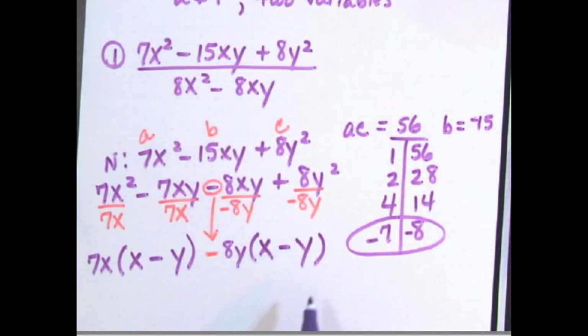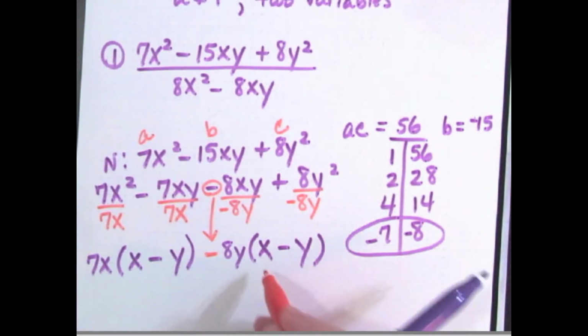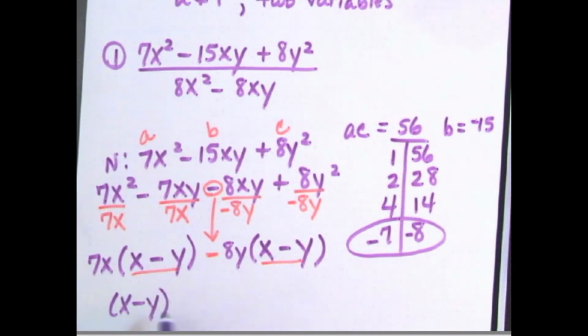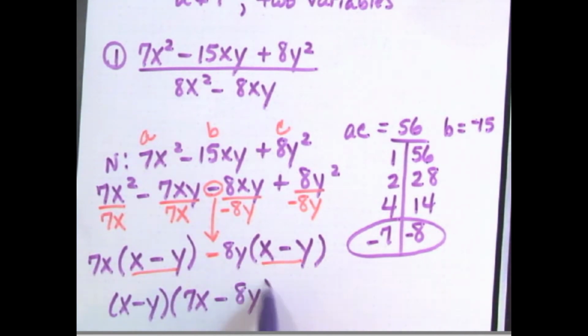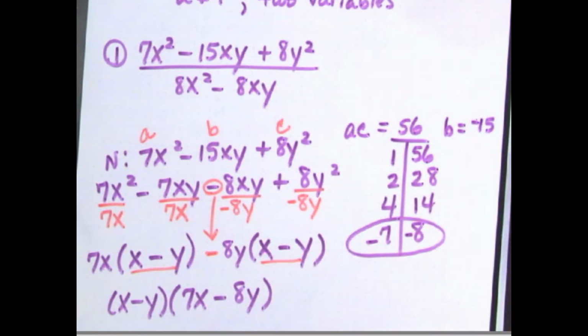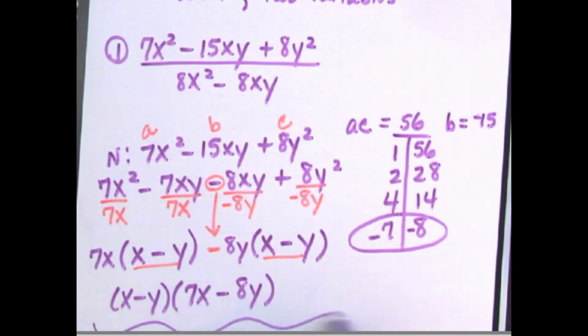And so that would let me know I had to keep going and factor out the negative 1. But by taking that third sign and putting that in the middle, that will save you some work. So just go ahead, if that's negative, take a negative out of both of those terms so your signs here will match. And so now we have x minus y as our GCF, so we'll pull that right out. And that will leave us with 7x minus 8y because we're factoring it out of each term. Okay, so that is our numerator.